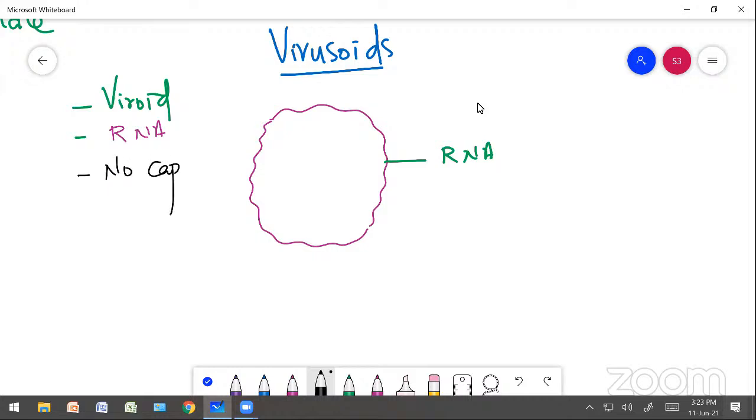The capsid is totally absent. What is capsid? Capsid is a proteinous substance that covers nucleic acid which is found inside. Here you can see only genetic material, not any other proteinous substances. Capsid is not present. Only RNA material is found, right?